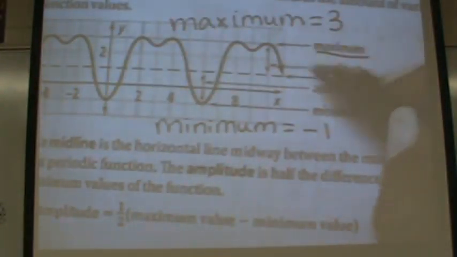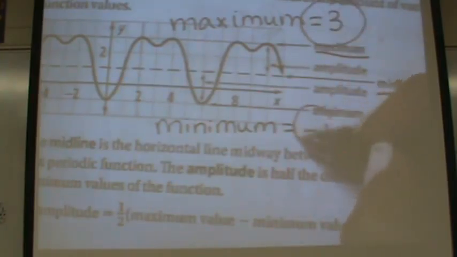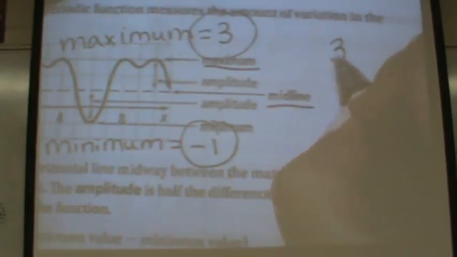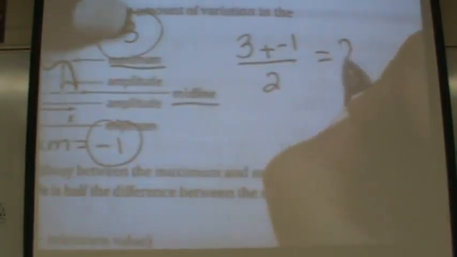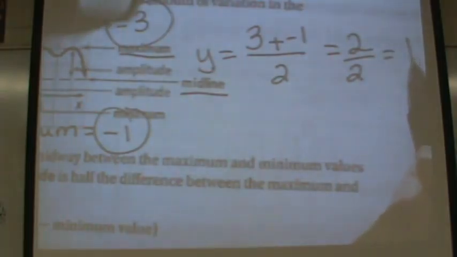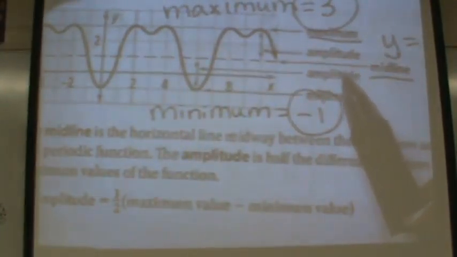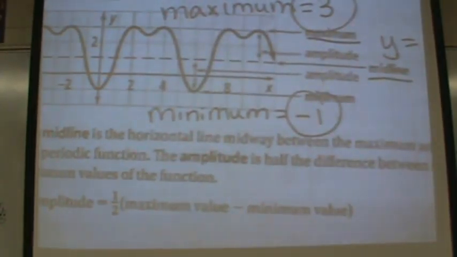How do you find the average? You add these two up and divide by 2. So 2 over 2 is 1. The midline is y equals 1.